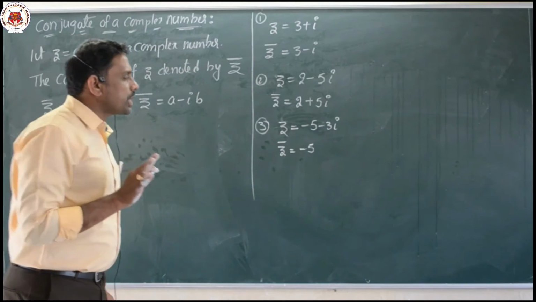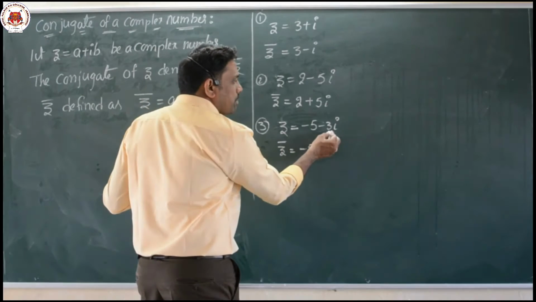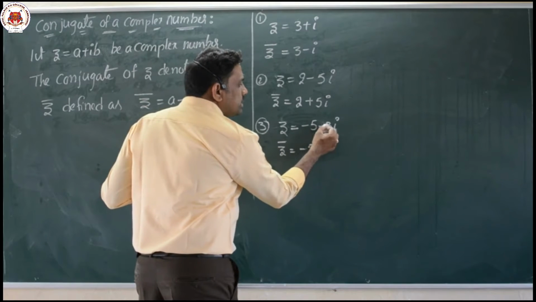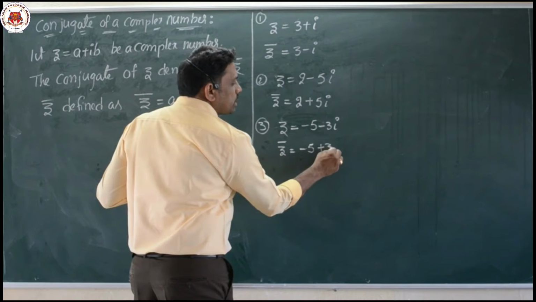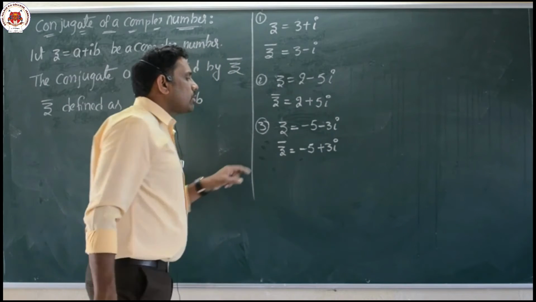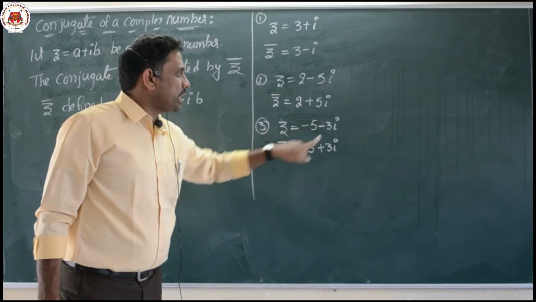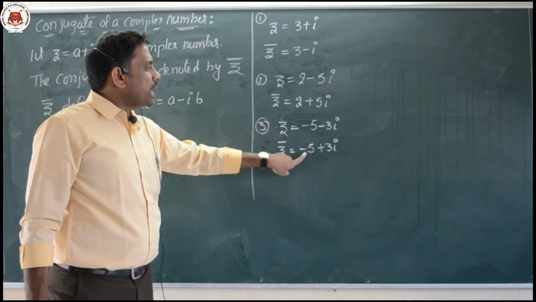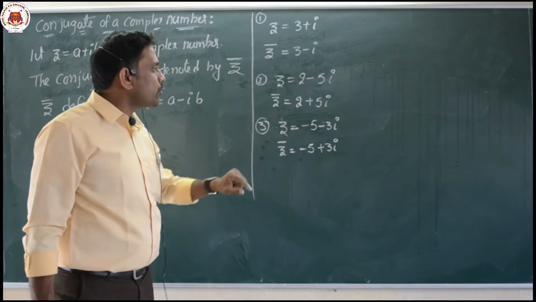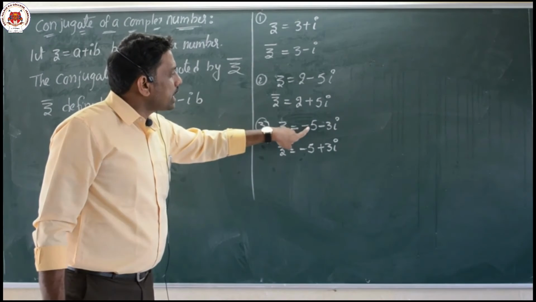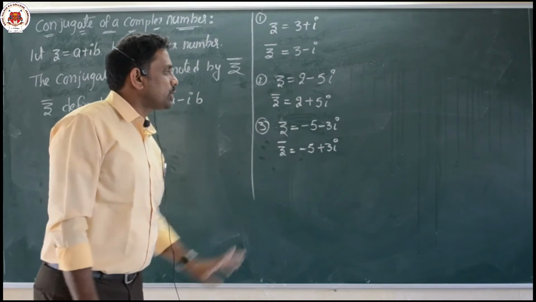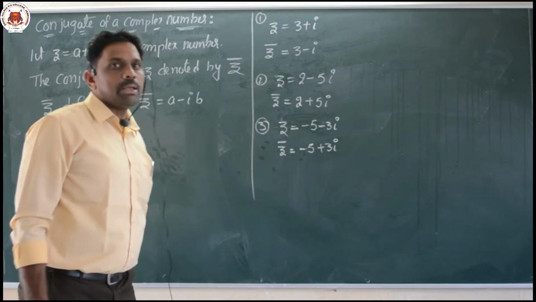We have to change the sign of the imaginary part. Here negative sign is there, so you have to put positive sign. So the conjugate of this complex number minus 5 minus 3i is minus 5 plus 3i. Be careful, don't change the real part sign, only change the sign of the imaginary part.